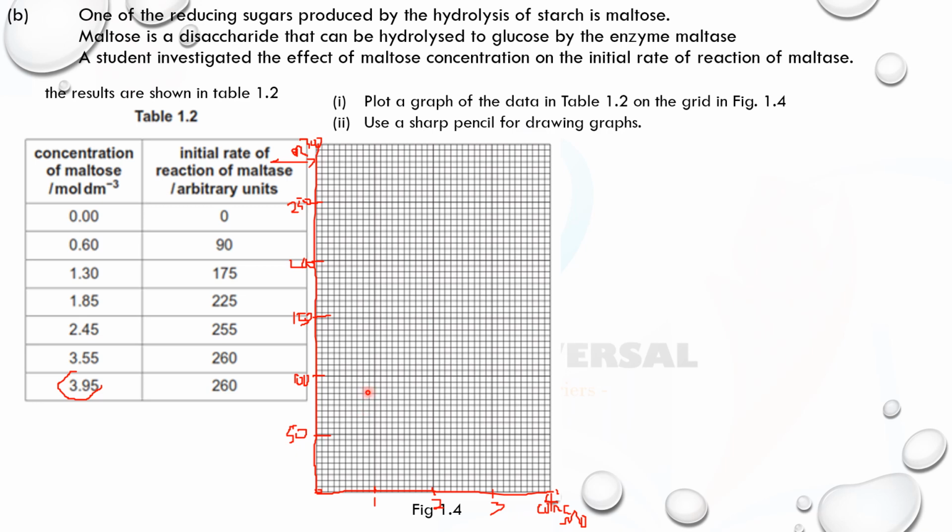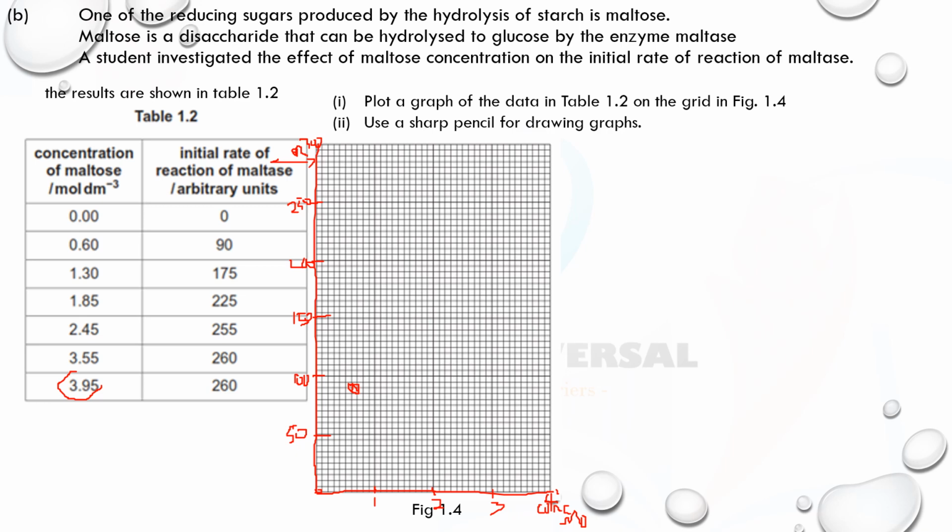Check here. Circle it. Is this correct? Yep, 90 should be okay. Each box is 5. 0.6 should be here.